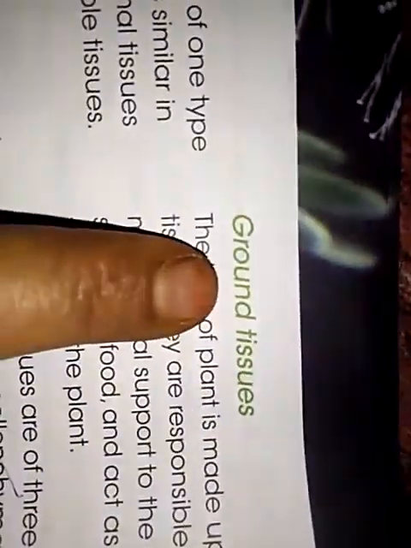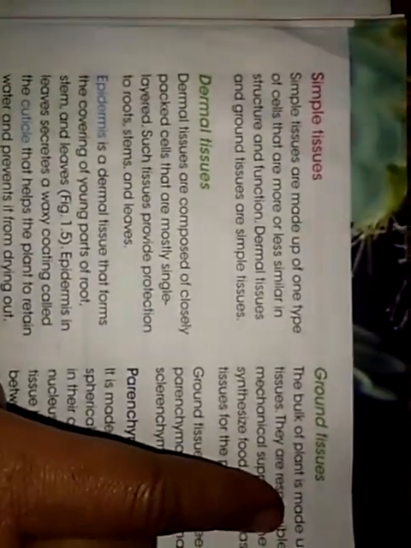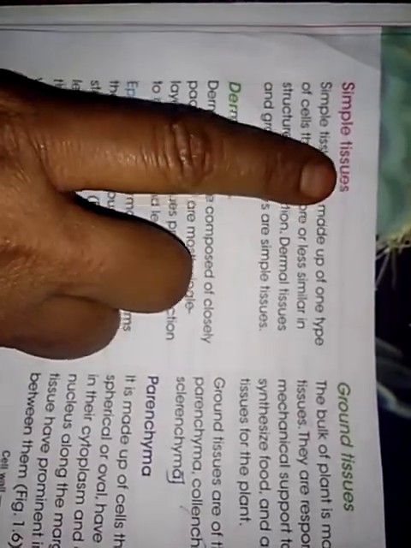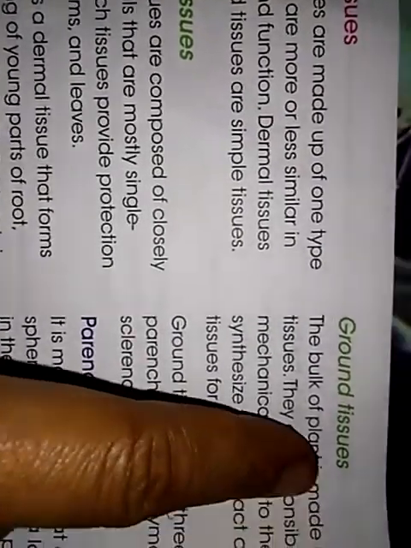Which ones are examples of simple tissue? Dermal tissues and ground tissues. These two tissues are examples of simple tissues. The ground tissue is present in three types.